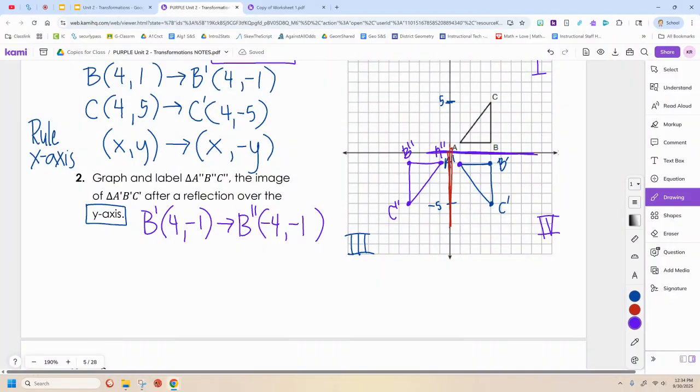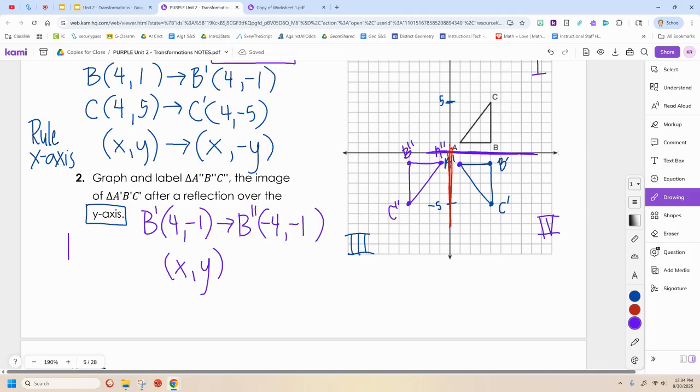There's more than one way to write the correct rule, especially because some kids are just like, I see positive, negative, and now I see negative, negative, and we'll just do that. Does that kind of make sense? But it's easiest to write a rule by always starting with x, y.